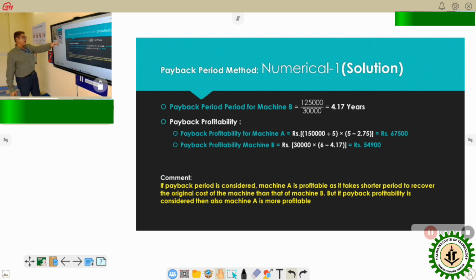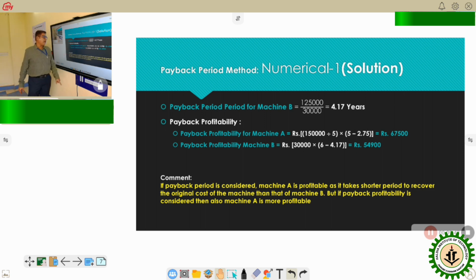So this is the payback period computed for machine B. From the formula, payback profitability is computed by multiplying the average earnings per year with the difference of lifetime and payback period.